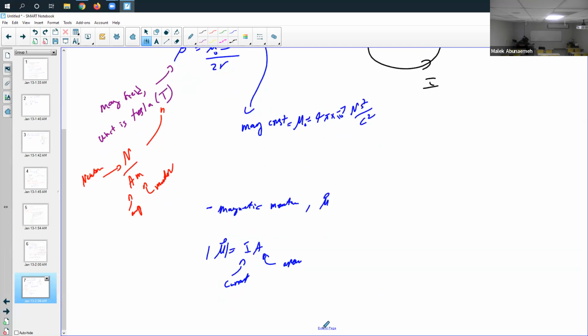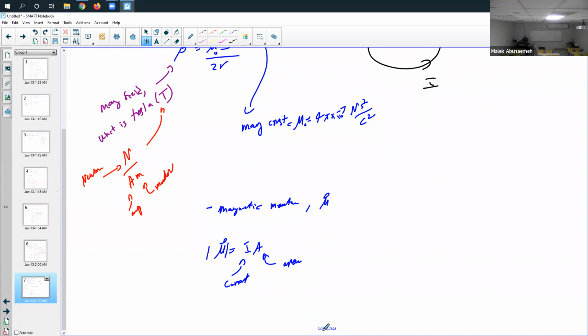So you've got a current going in that produces a magnetic field, and you have a magnetic moment, which is your current multiplied by your area.